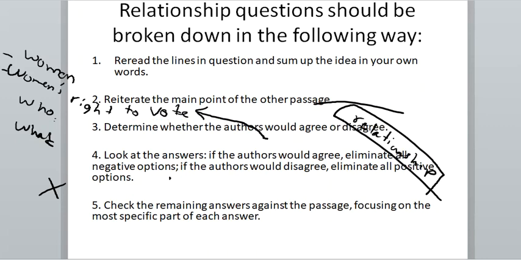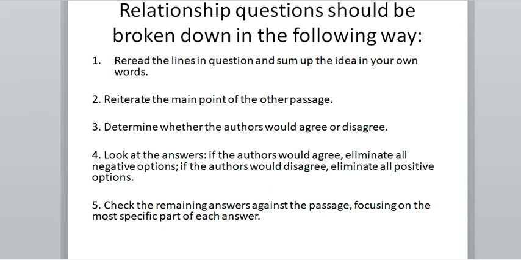Now, here's the thing. It's noteworthy that breaking down these questions will help you in the long run. So how do you do that? You reread the lines in question and sum up the idea in your own words. Remember, there's always a line reference in each question.